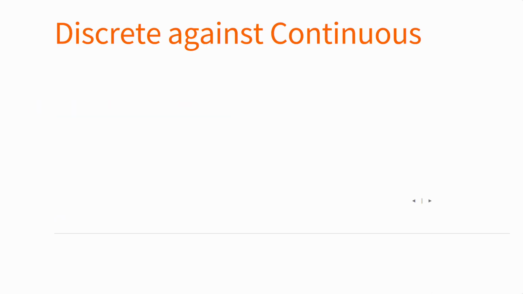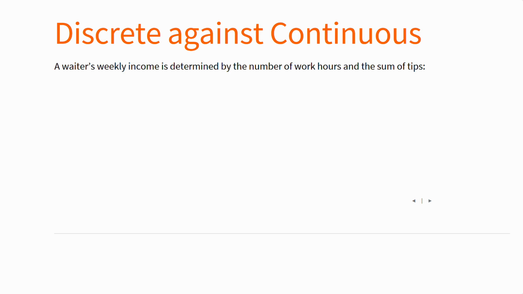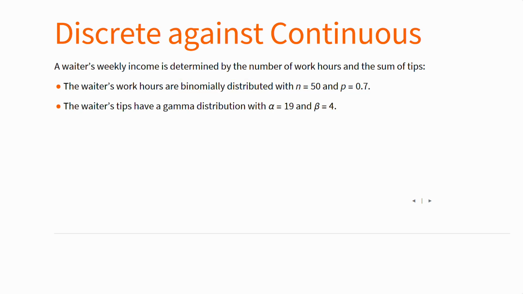Now, what if you want to join discrete and continuous distributions? Here's an example. A waiter's weekly income is based on work hours and tip. The work hours are binomially distributed like this, and tips are gamma distributed like that.